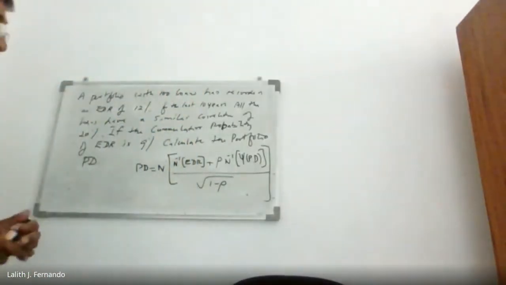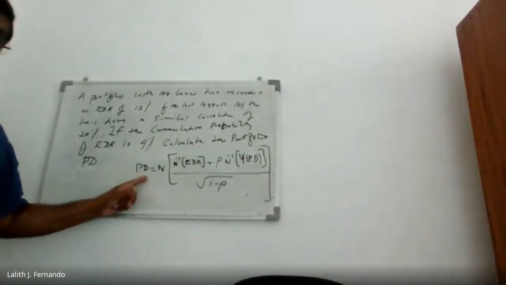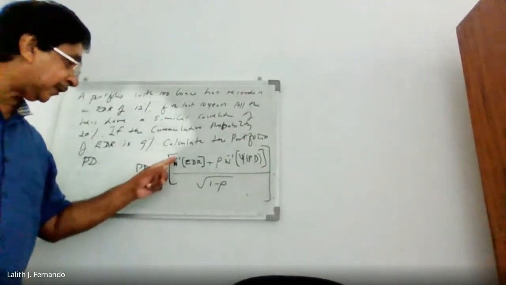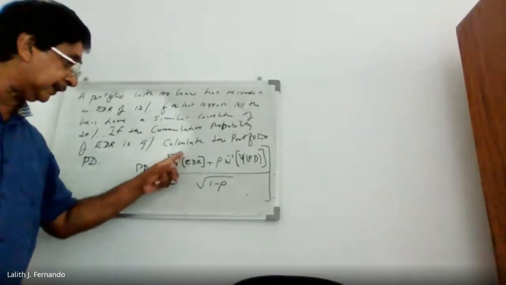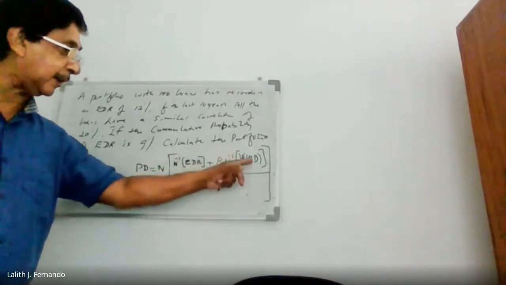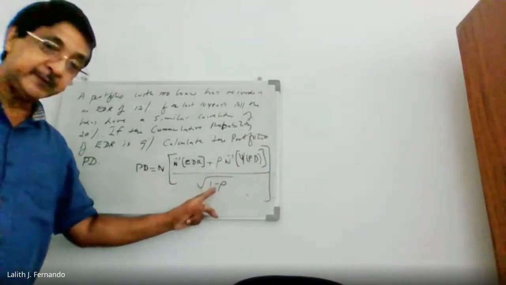Right, now this is the formula. PD is equal to N to the power minus 1, that is the inverse, of EDR plus rho N to the power minus 1 of theta PD, divided by square root of 1 minus rho.